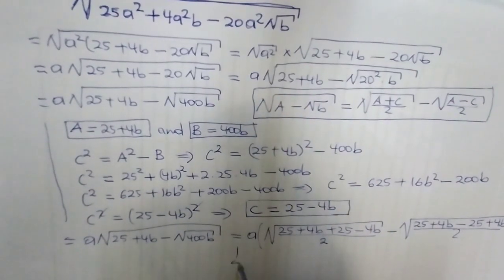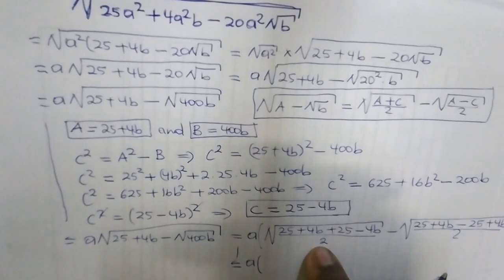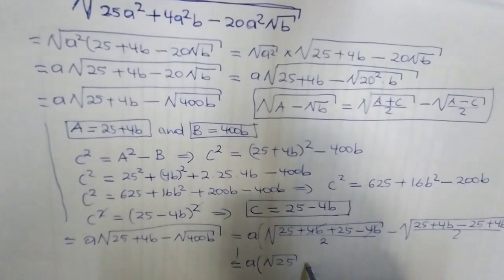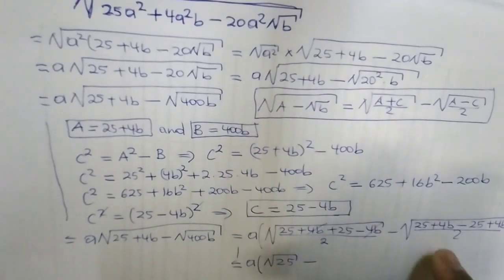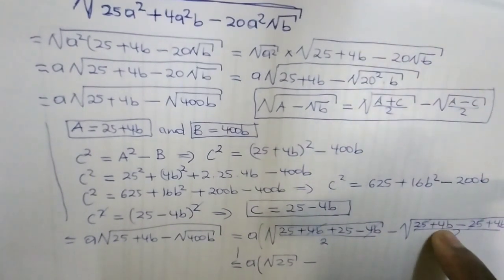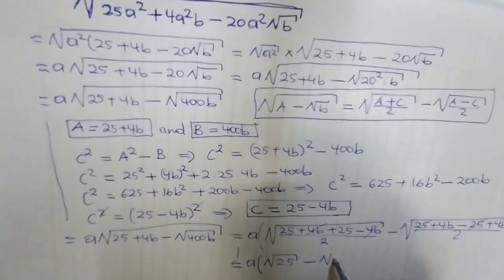So this will give us a factor of, look at this, ladies and gentlemen, we're having 25 and plus 25 there, that is 50, and we're having 4b minus 4b, so I can cancel 4b and minus 4b, so we are left with 25 plus 25, which is 50, divided by 2, this is 25, so we can have square root of 25, then minus, I'm going to have 25 minus 25, I can cancel 25 and minus 25 out, so we're having 4b plus 4b, this is 8b, divided by 2, it is 4b, so we're going to have a square root of 4b.